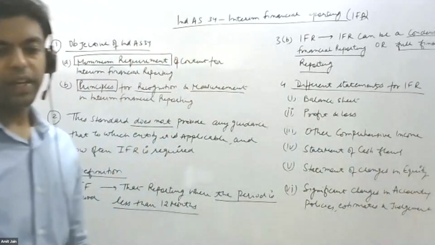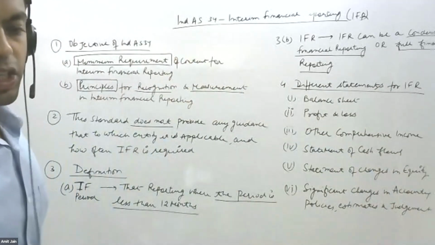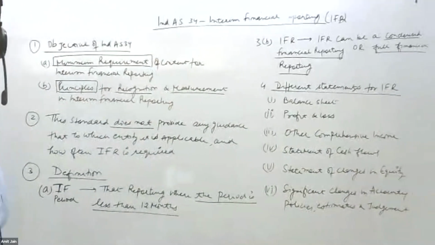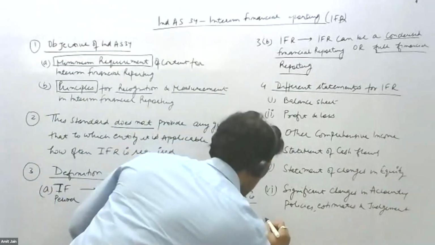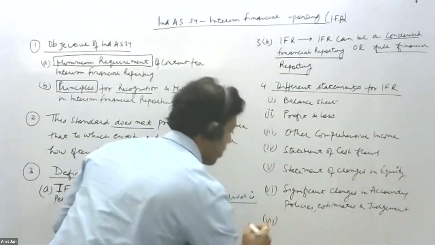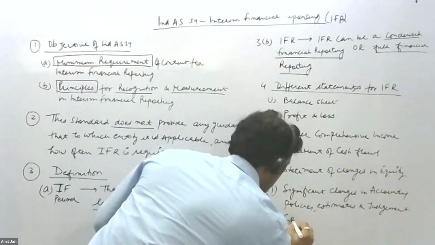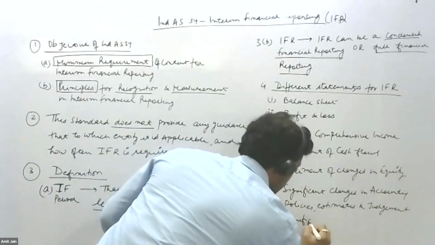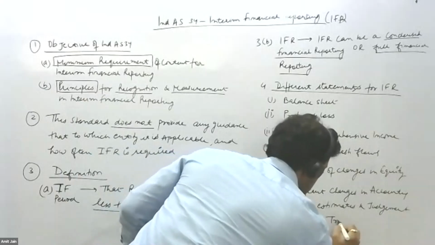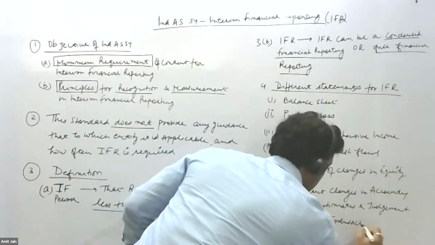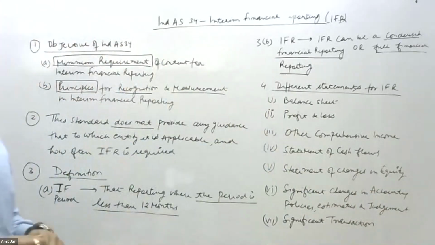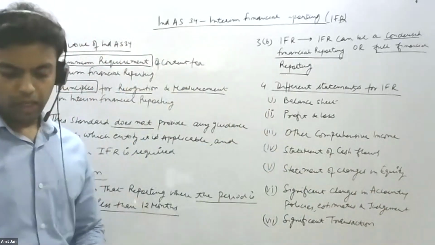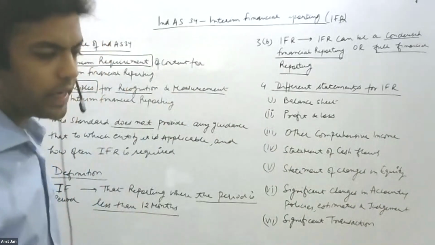If there are any significant accounting policies, estimates, and judgments, that needs to be disclosed, right? And seventh point is any significant transaction which has occurred during the particular period, that also needs to be disclosed, right guys?